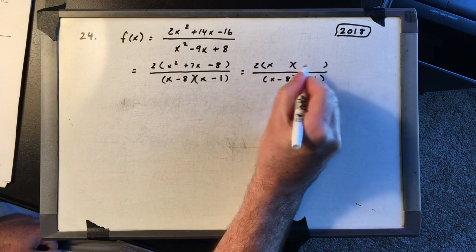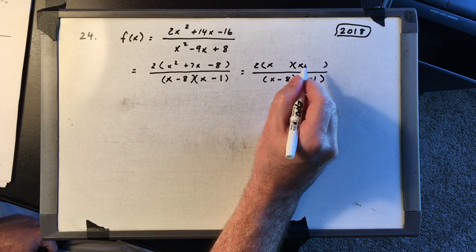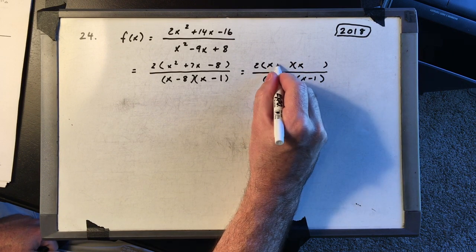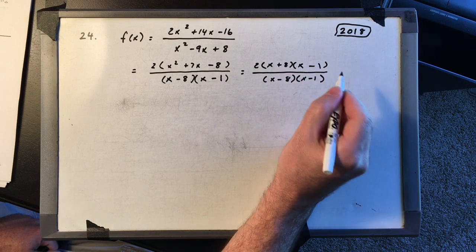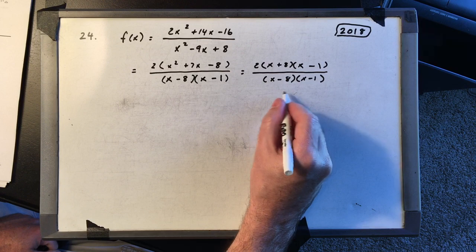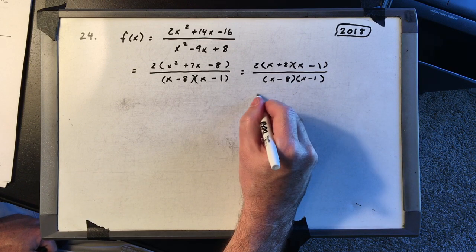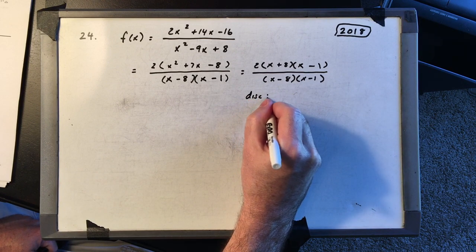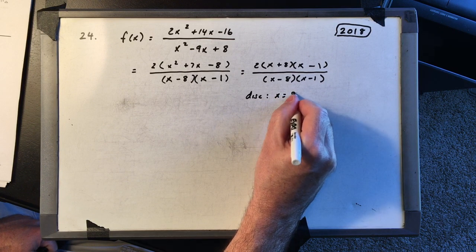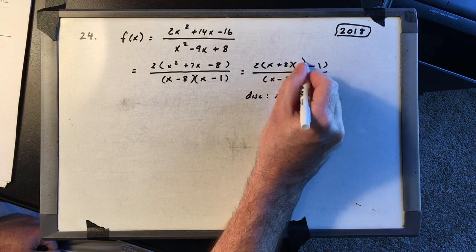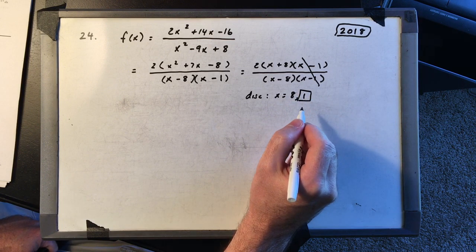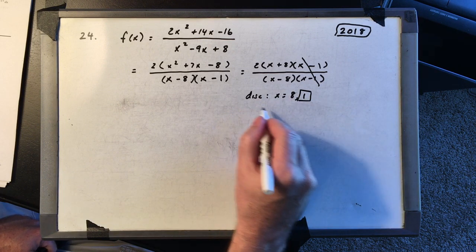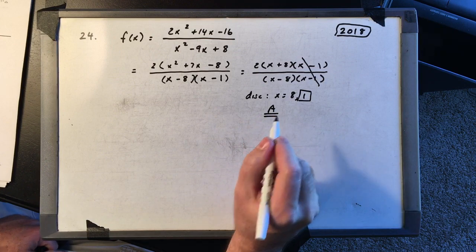On the top, we've got x plus 8 and x minus 1. So you do have a discontinuity at x equals 8 and 1, but the x minus 1 will cancel out. So that discontinuity is removable, and that is A.